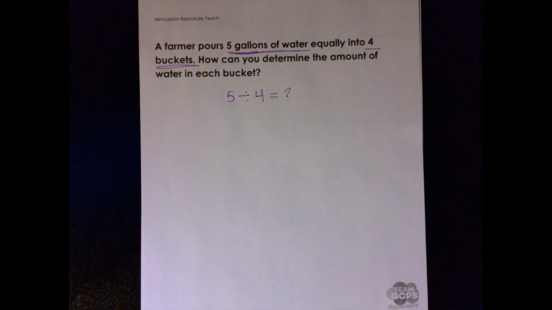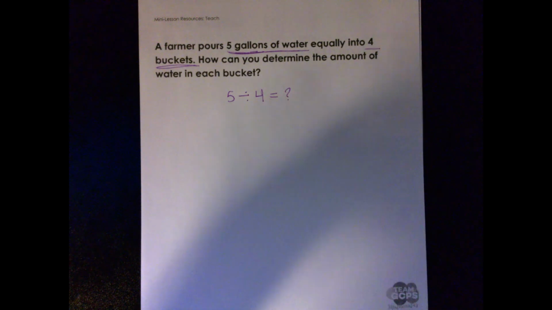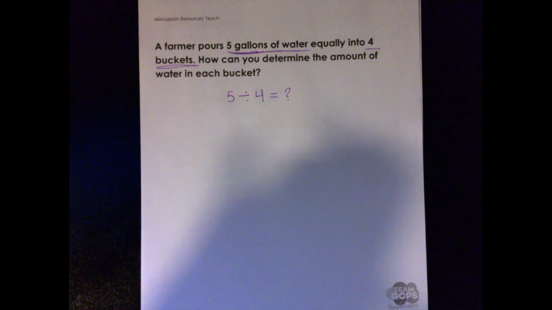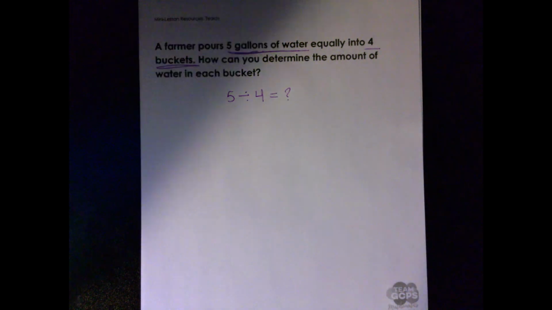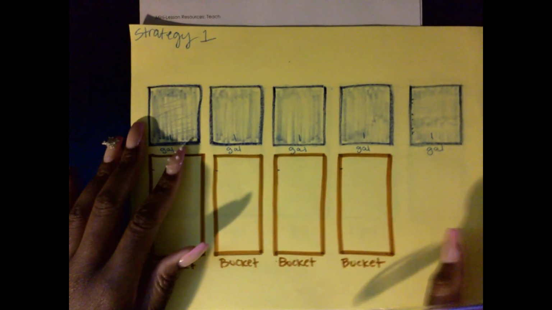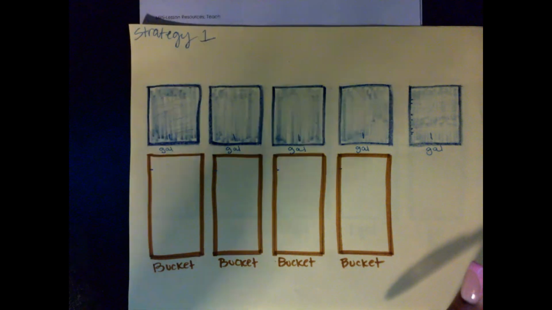What I'm going to do is draw a representation to help me determine how much water is in each bucket. I'm using rectangles. I have to figure out how to divide or equally share my gallons of water. So I have 5 gallons of water and 4 buckets.